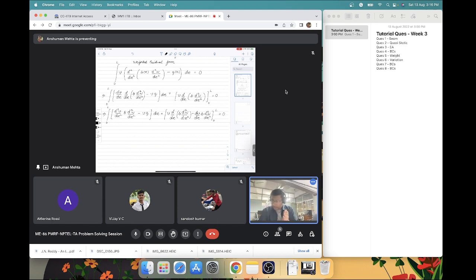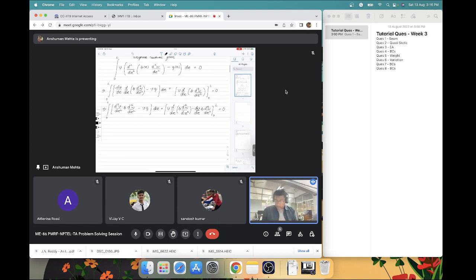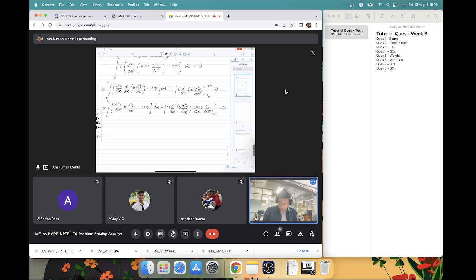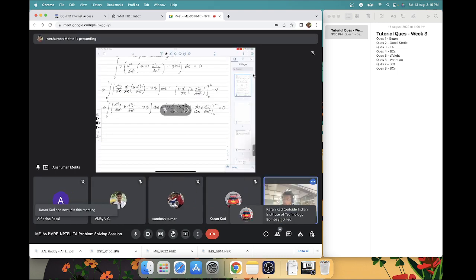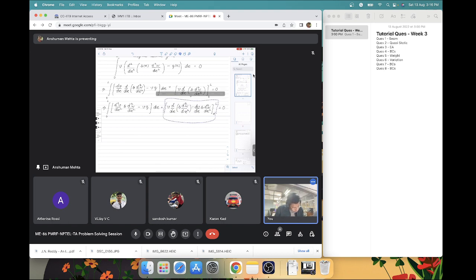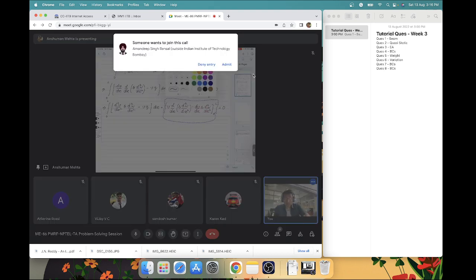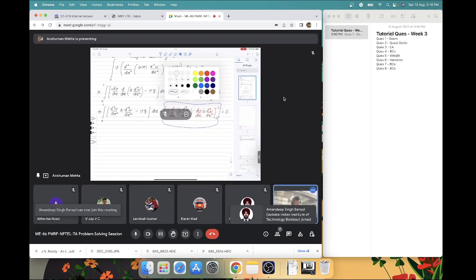So upon differentiating twice and applying the integration by parts, we get that in this last line there is, so in the last line we can see that it follows the where, let me highlight it, where this function, whatever is outside this integral, that should be 0.